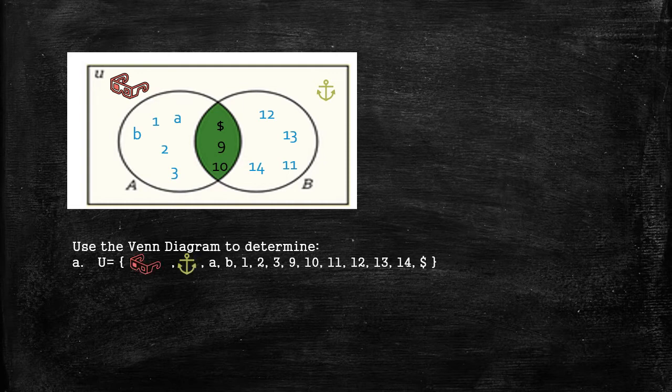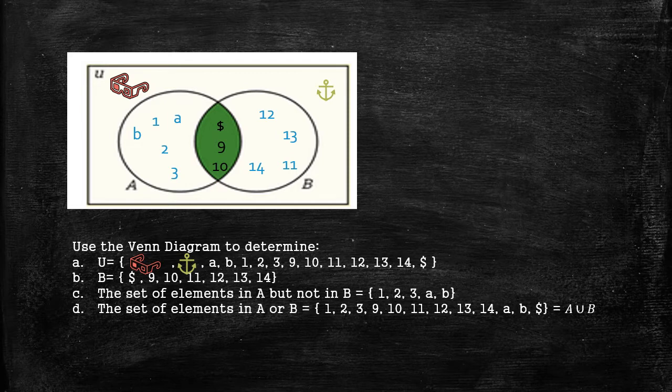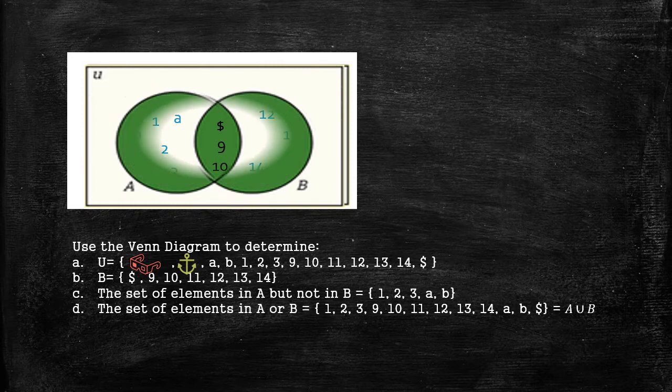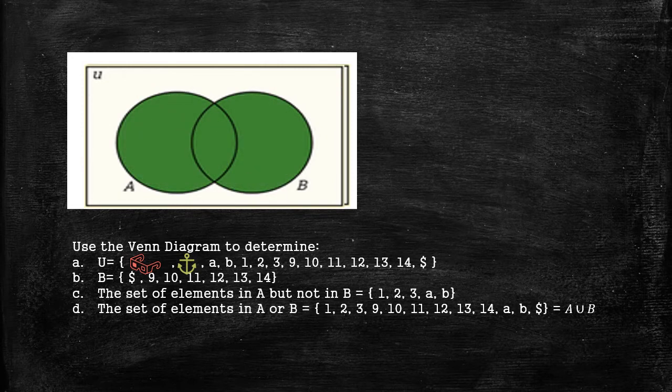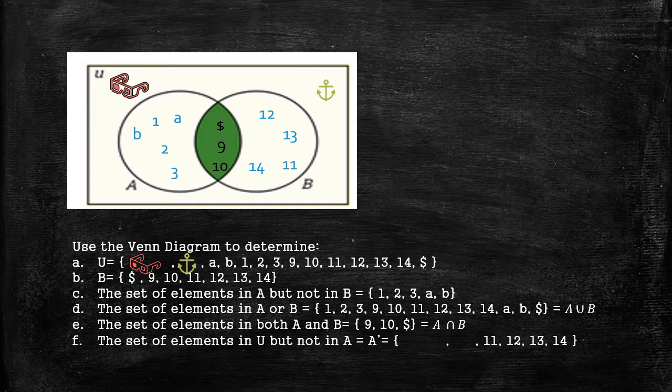Elements in B. The elements in A but not in B. The elements in A or B, so this is A union B. The intersection is 9 and 10. And now the complement of A is all the elements in U but not in A.